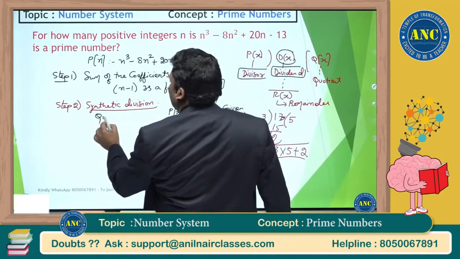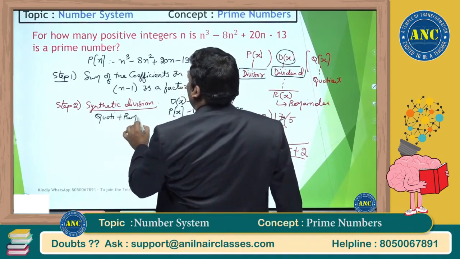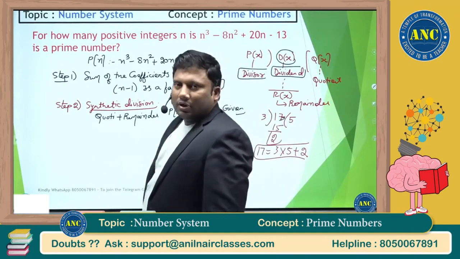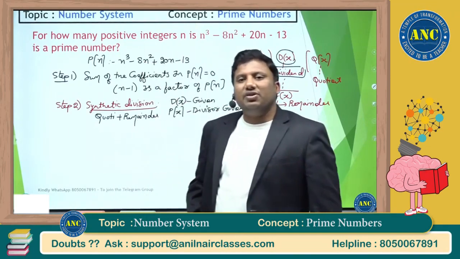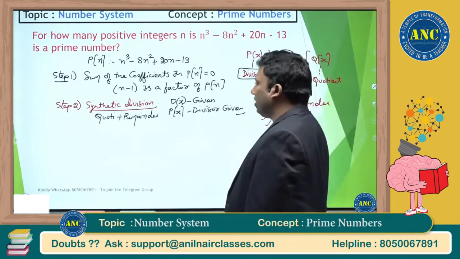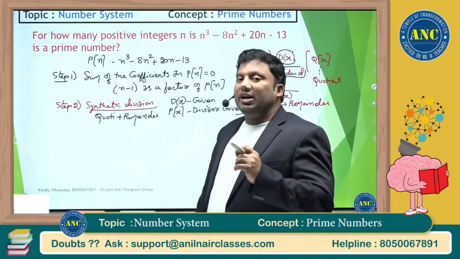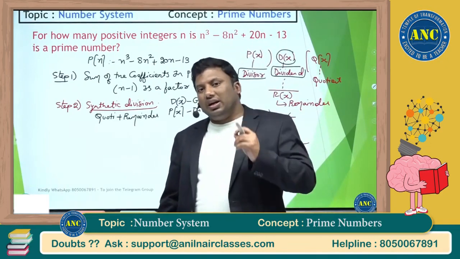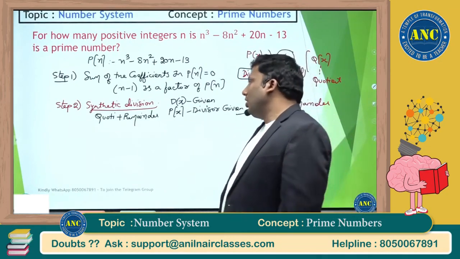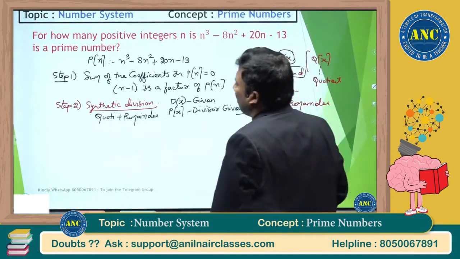By using synthetic division, you can get the quotient and remainder. Again, what is the importance of synthetic division? By using synthetic division, we can obtain the quotient and remainder.